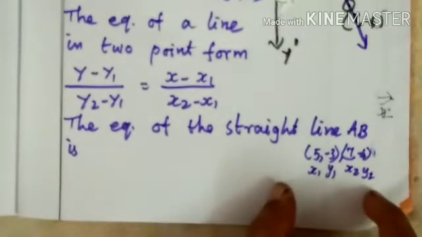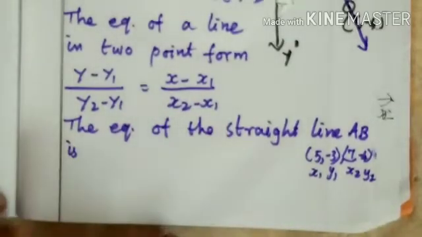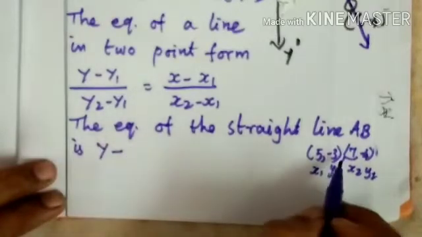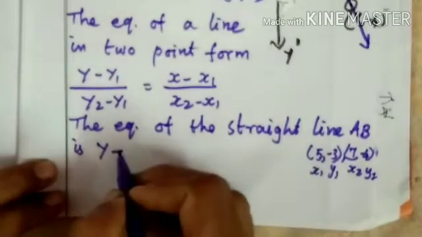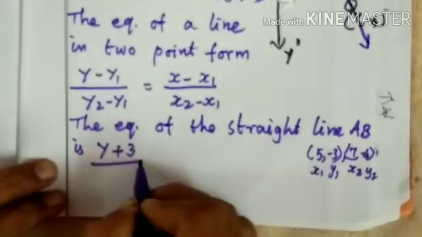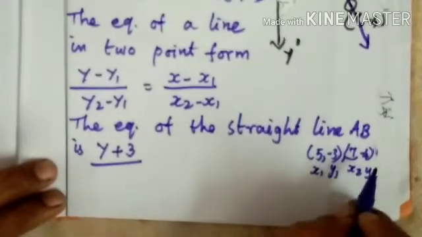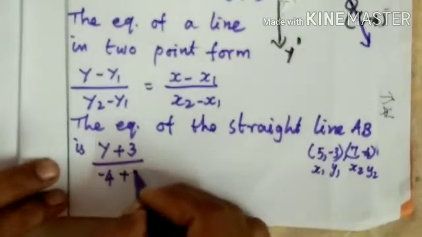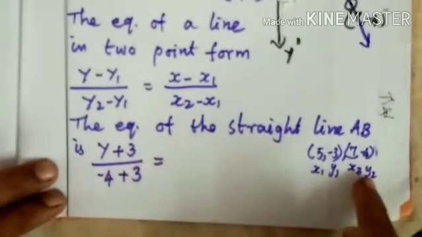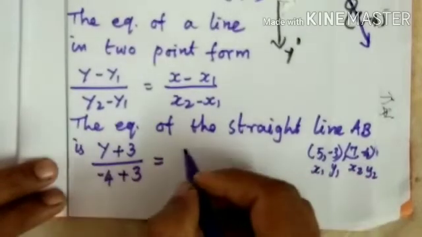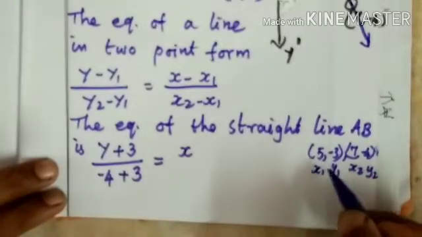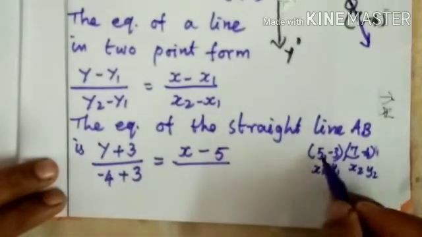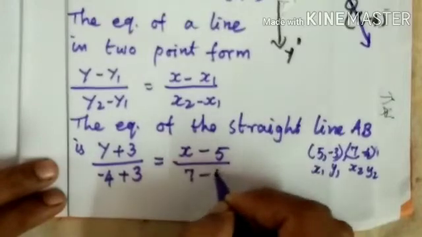Now you have to substitute these points in this formula, means we get y minus y1, minus 3, so minus into minus plus 3 by y2 minus y1, that is minus 4 minus into minus plus 3 is equal to x minus x1, 5 by x2 minus x1, that is 7 minus 5.